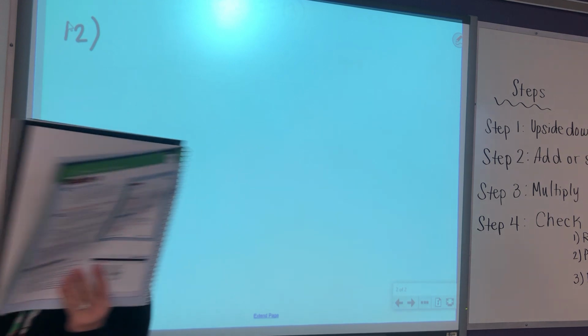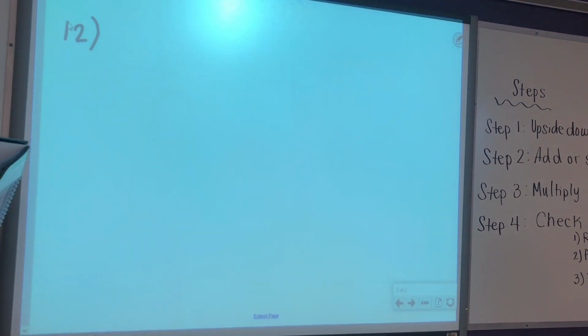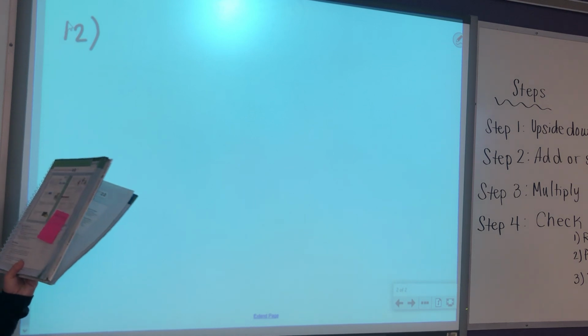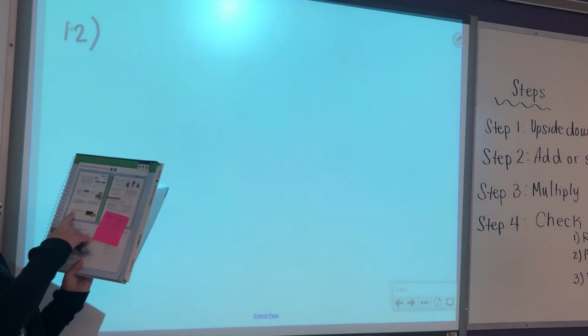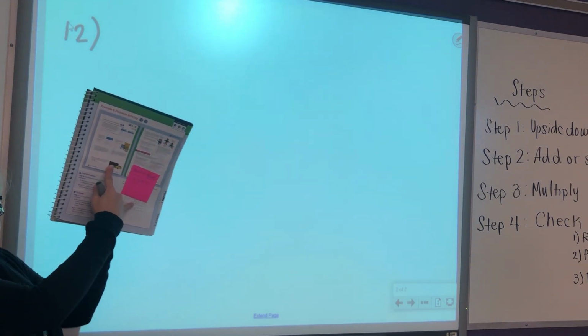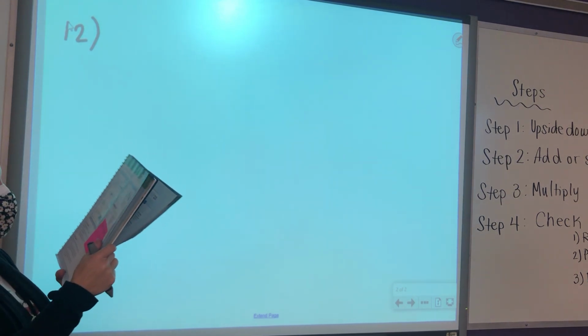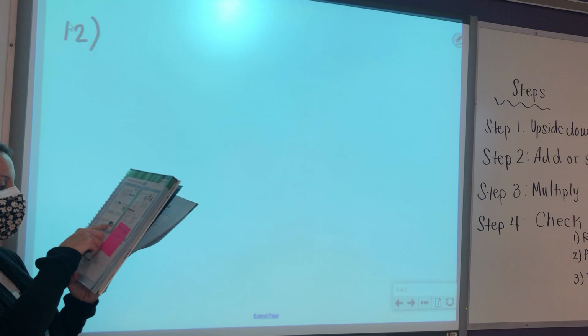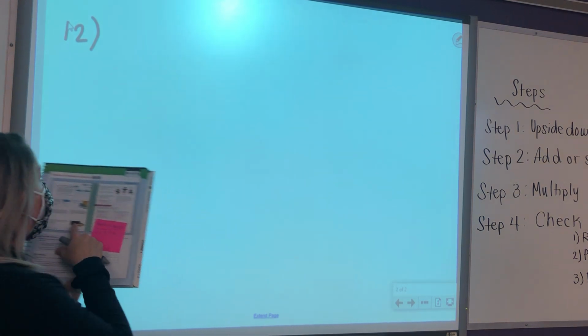All right, taxis. In large cities, people often take taxis to get from one place to another. What is the cost per mile of a taxi ride? How much is a 47-mile taxi ride? So the first question asks, what is the cost per mile of a taxi ride? If we look at our information, it tells us that the fare is $25.20 for 36 miles.